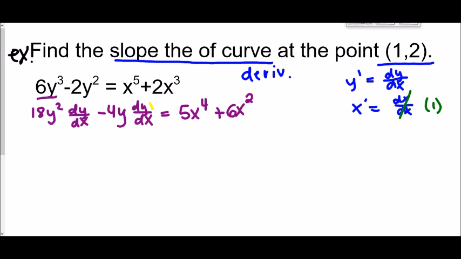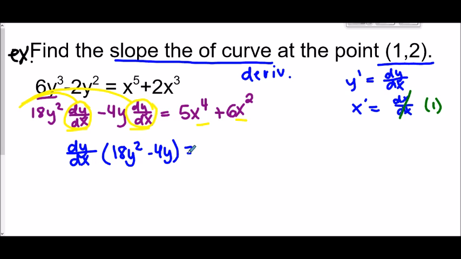So what we need to do is solve for dy/dx. Right now, all of our dy/dx terms are on one side. Non-dy/dx terms are on the other. So all we need to do is factor out dy/dx. Here, so we have dy/dx. When we take it out of the first term, we have 18y squared. Take it out of the second term, we have 4y, equals 5x to the fourth plus 6x squared.